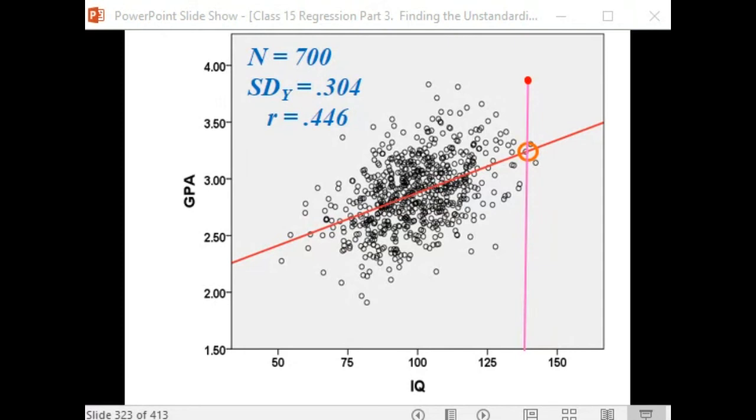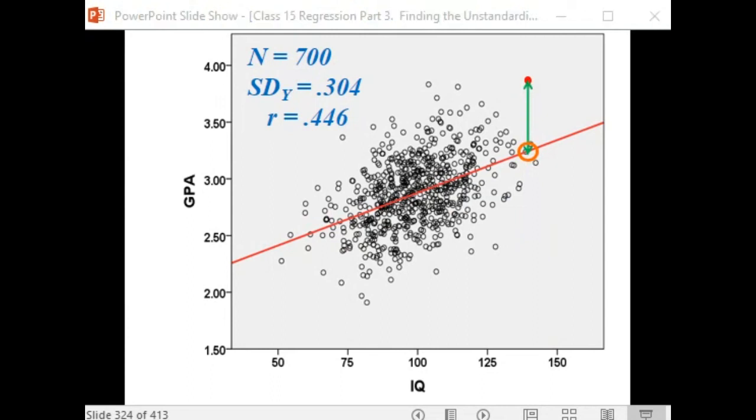Take a look at the dot. That's right. This student's actual GPA is 3.80. So is this student a slacker or a hard worker? Okay, I'll let you think about that. Now, this line shows how much the prediction based on the regression line is off.